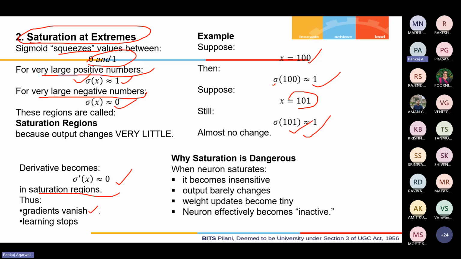This results in something called the vanishing gradient problem, because I would not be able to identify the changes, and the learning would stop. Saturation is dangerous because the neuron becomes insensitive and the output barely changes. Anything where the output becomes fixed, or the weights do not change, becomes inactive.